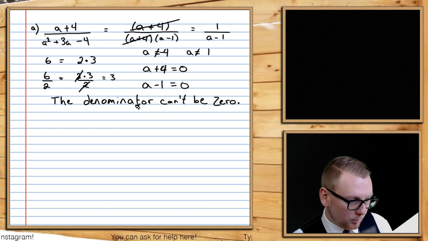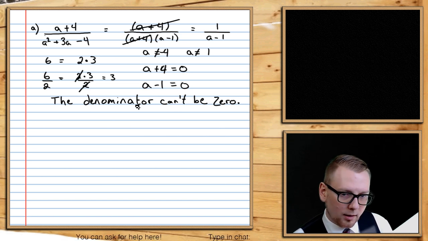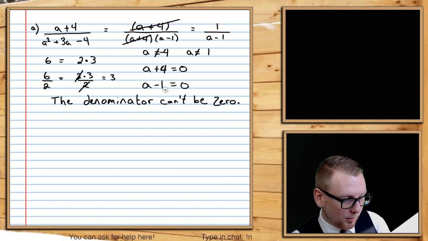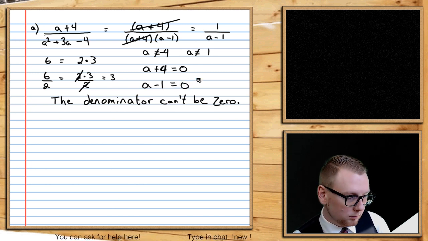So, for example, if we plugged in a equals 0, it doesn't matter. We'd get some fraction. Yeah, the -4 and the +1, because a minus 1 equals 0. So when a is 1, then it's 0.